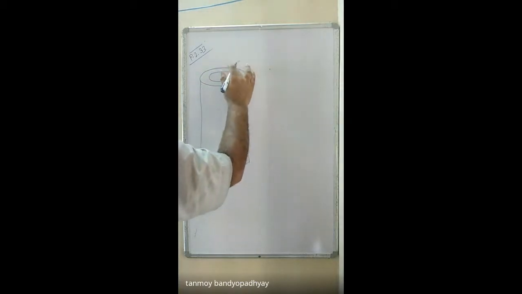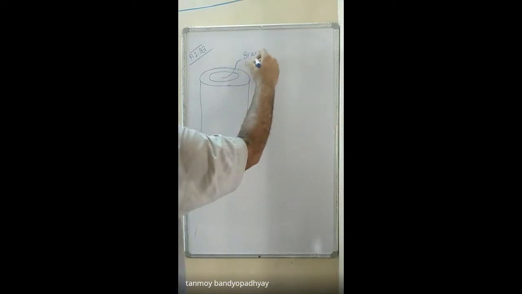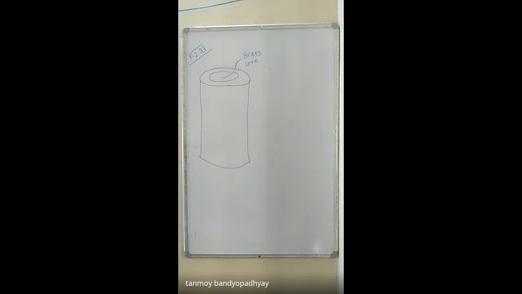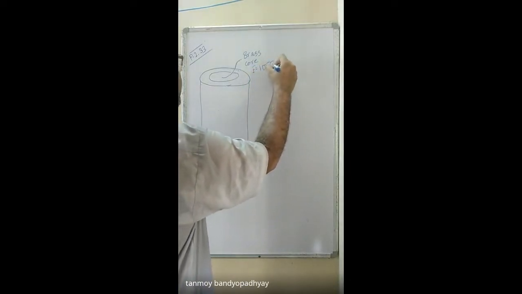Since you can understand that the assembly will have the same deflection, there is a shell, meaning the outside part, and inside you have a brass core. E is given, E is equal to 105 gigapascal.